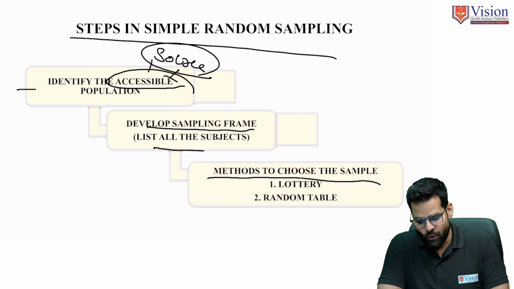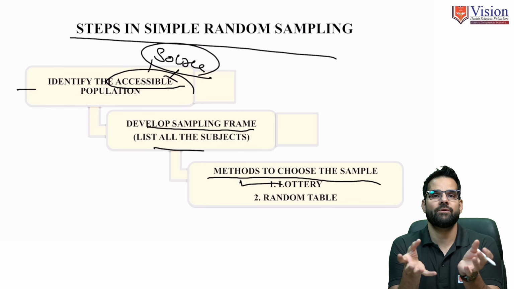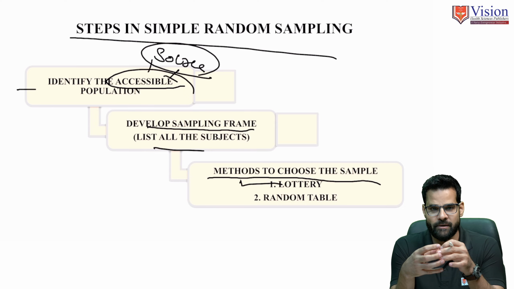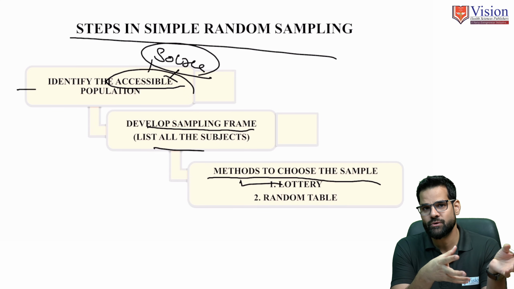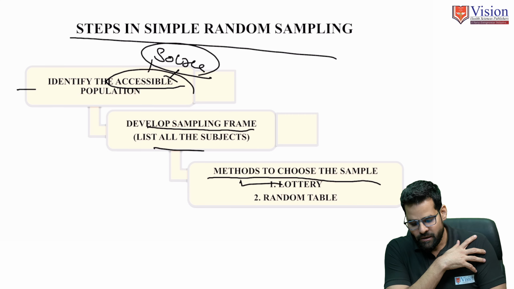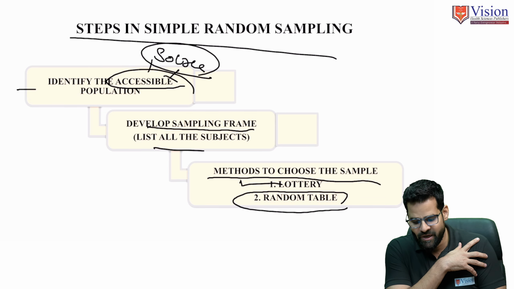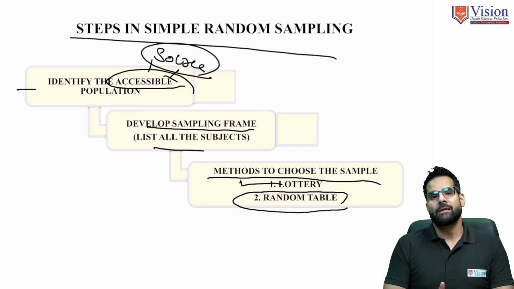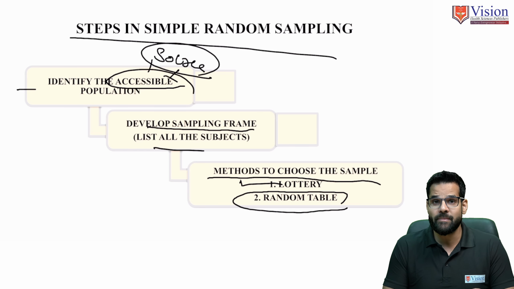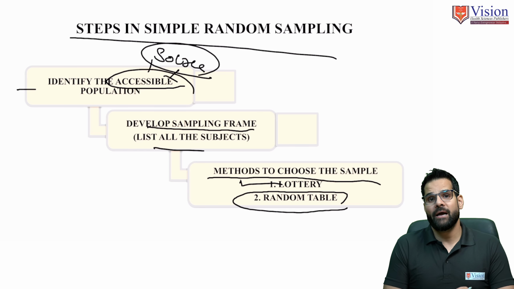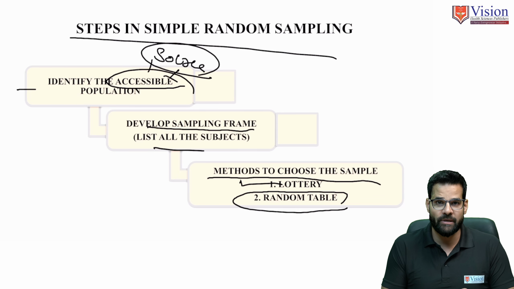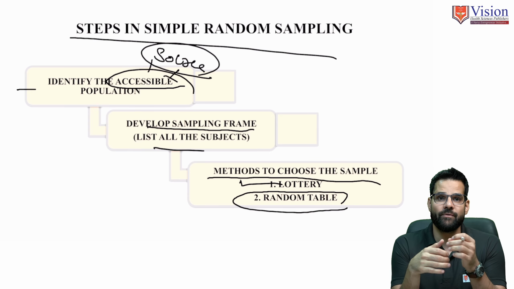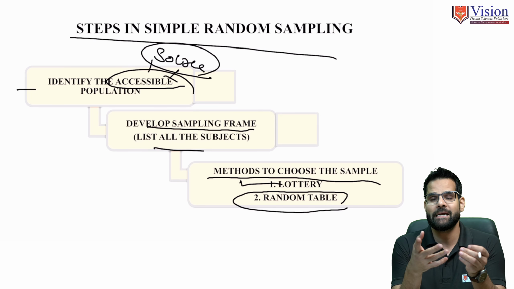So we have the lottery method, where you can put the names of all these people on chits, mix them up well, and then draw the chits. And then there's another technique, random tables. That's also a method we can use. So many random tables are available, 2 digit tables, 3 digit tables, and online methods are also there. Once you make a sampling list, you can give a few commands to your system and the system will generate.